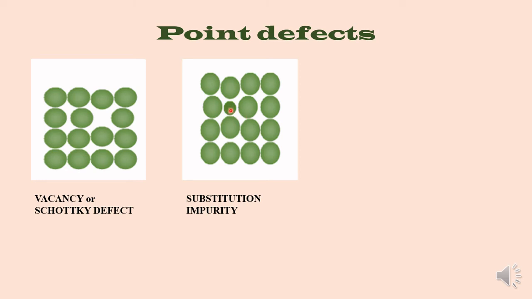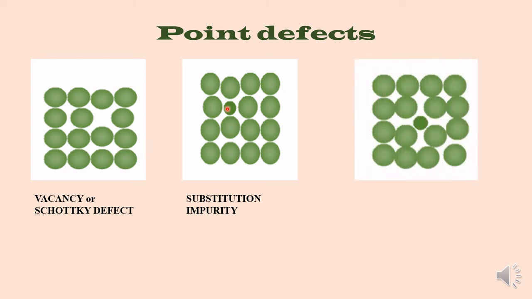This non-silicon atom is incorporated into the lattice at the substitutional site, that means it replaces the host silicon atom. These are all host silicon atoms, and this atom is the non-silicon atom which replaces a host silicon atom. This is another type of point defect.